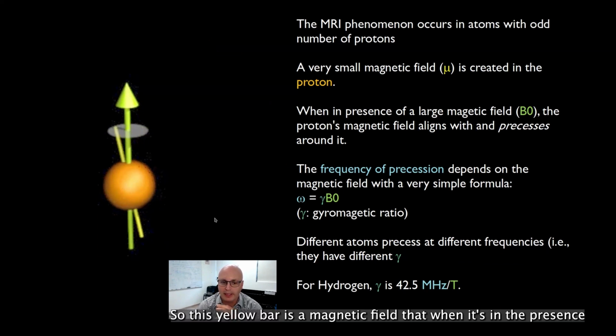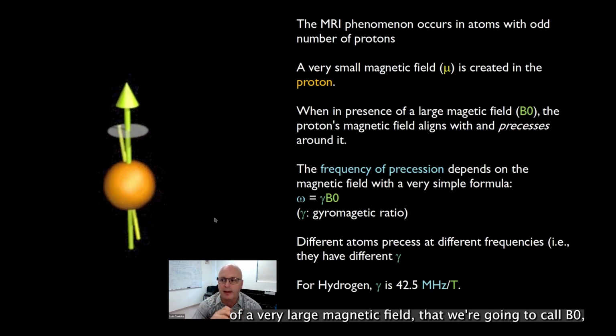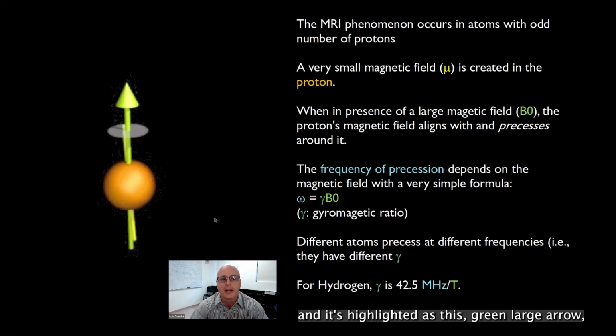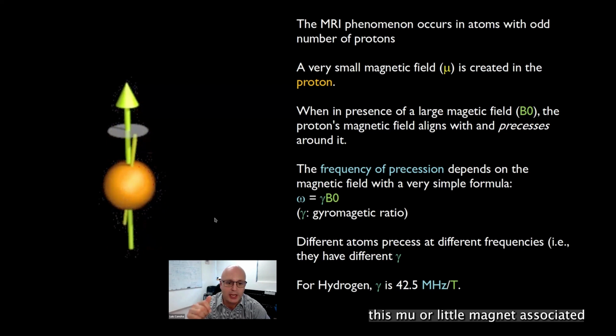So this yellow bar is a magnetic field that, when in the presence of a very large magnetic field that we're going to call B0, highlighted as this green large arrow, this mu, or little magnet associated with the proton, starts to move, so it aligns with the main magnetic field, B0.